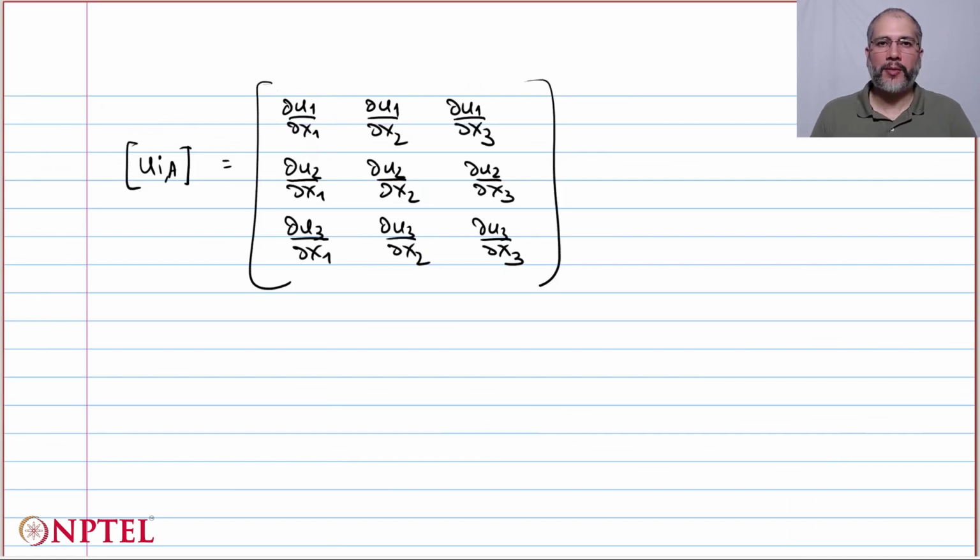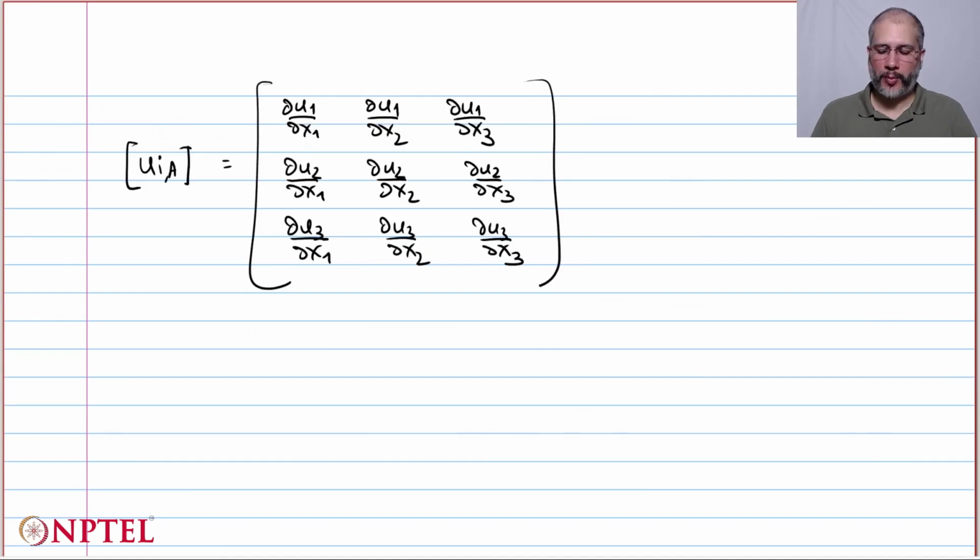So now, given that we have a feel of the different terms in this displacement gradient tensor, we'll make a statement here that there are situations where these terms are small. So when I say small, I mean they are much smaller than 1.